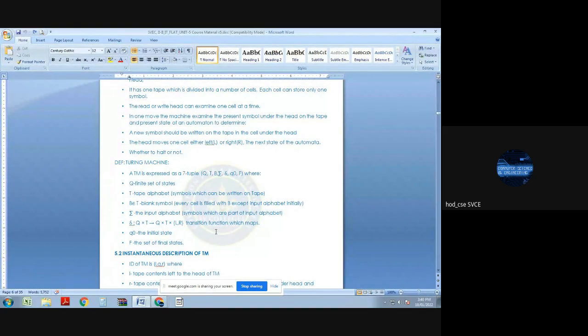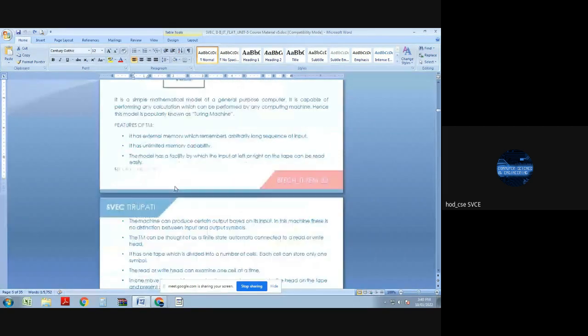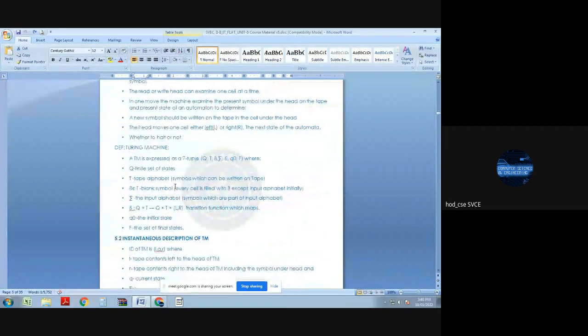So initially all the cells are filled with B's. When we write something, this will be changed to W1, W2, Wn like this. For representing a blank cell, we use the B symbol.